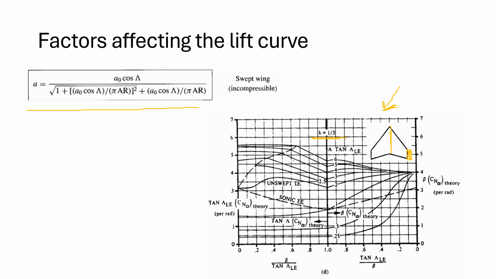And then you have various curves for lambda LE, all right? So there are various ones of them. We have used this before. You either go to one side or the other depending upon your value of tan delta LE over beta.